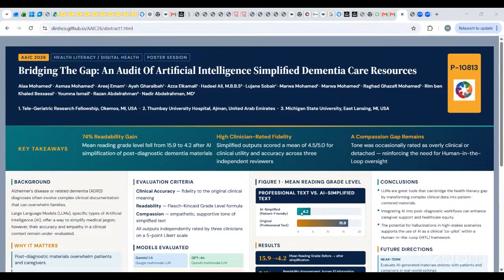So overall, we concluded that AI tools can be useful and help in simplifying dementia care information. However, their use should always be reviewed by a clinical health professional before being used by patients, because sometimes they can generate responses which lack an empathetic tone. So this is a simple idea about our project. Thank you, everyone.